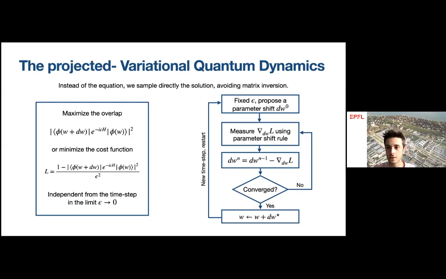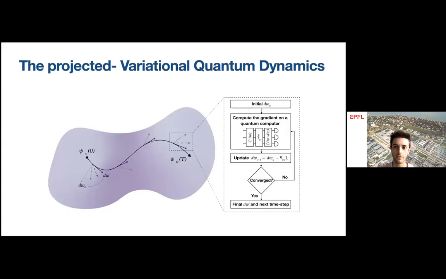And then if it has converged, we update the parameters and we restart this loop again until the end of our simulation. So here we have a figure that is pretty much the same, but I just wanted to show the abstract representation.